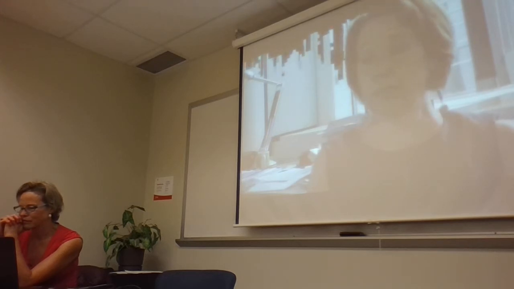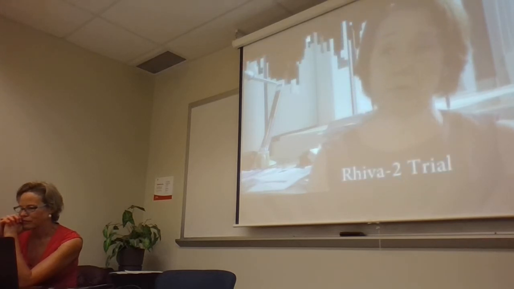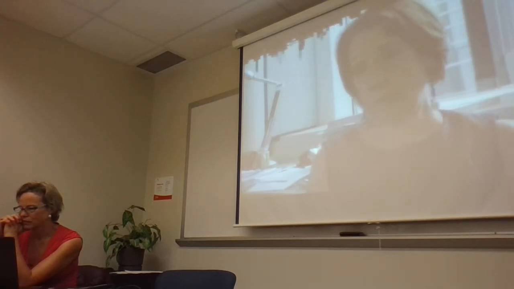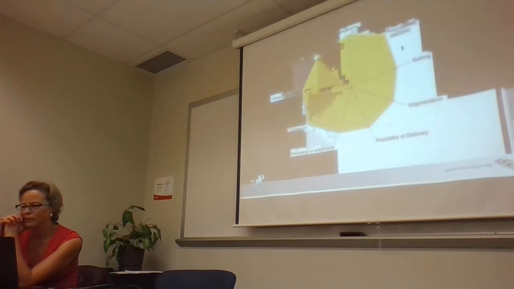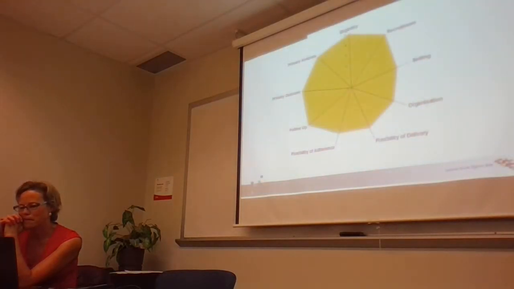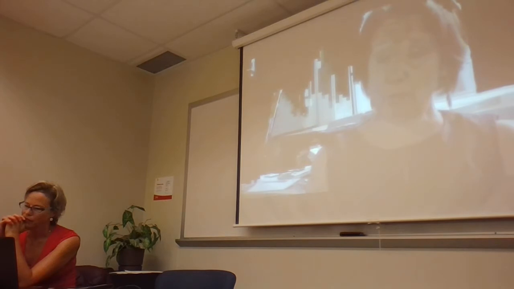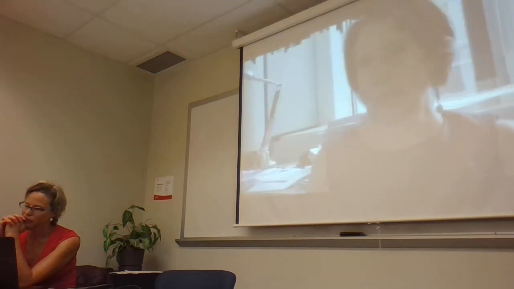The first wheel is for the REVA-2 trial. That was a trial of rapid HIV testing done in UK primary care. And this was a cluster randomised trial. And actually you can see from the wheel that for most of the domains, in fact for all of the domains, the trial scored a 4 or a 5. So you get this nice big wheel of a pragmatic trial. The next wheel is slightly different. This is for the WAIT trial.